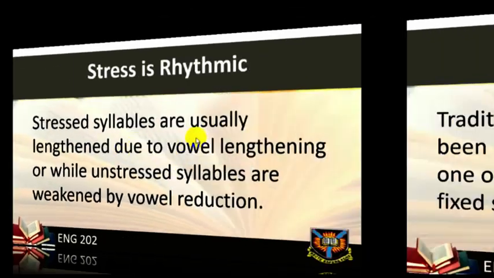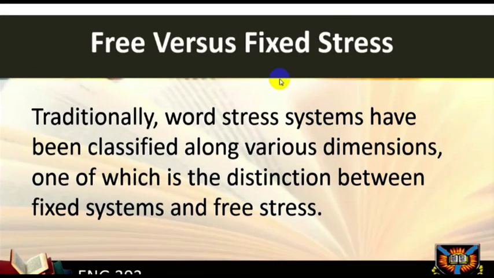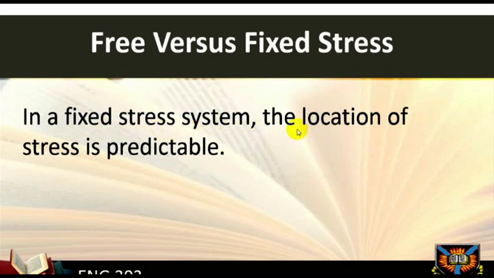Free versus fixed stress. It is good to note at this junction that English is not the only language that employs stress. Traditionally, word stress systems have been classified along various dimensions, one of which is the distinction between fixed systems and free stress. In a fixed stress system, the location of stress is predictable.